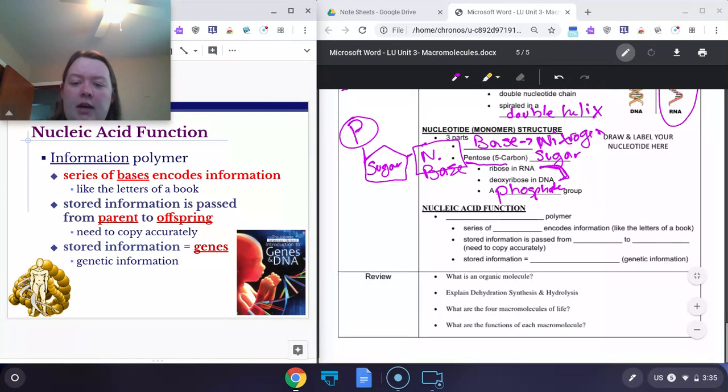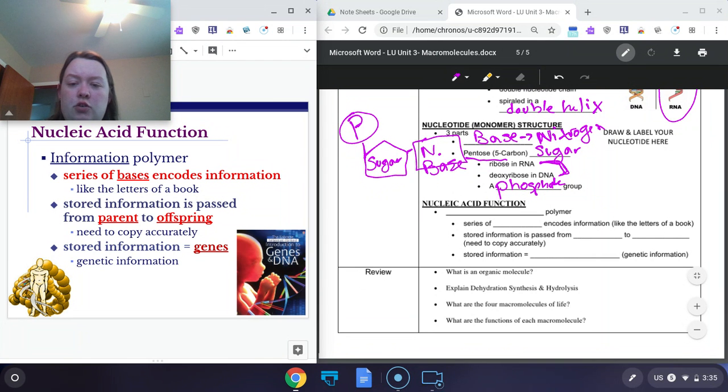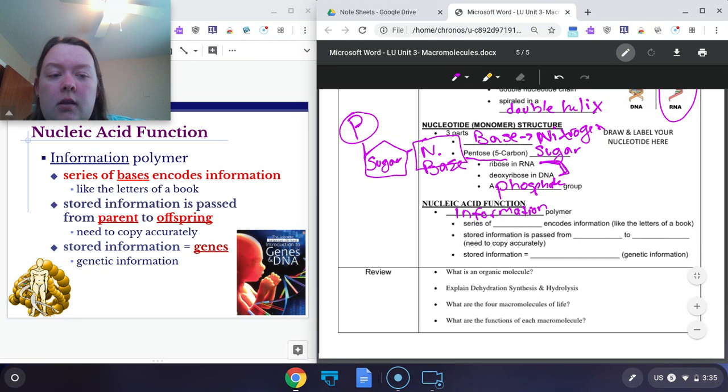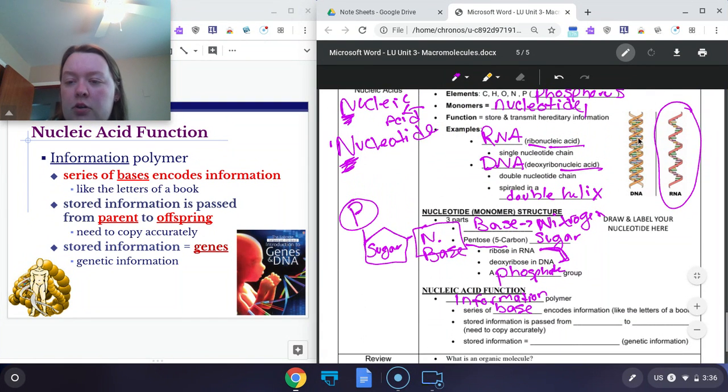The function of nucleic acids, again, is to pass on information. So it stores lots of hereditary information. And the code is found in the series of bases in the DNA or the RNA molecule. This is one building block. DNA and RNA is made up of many of these. So if we scroll up a little bit and look at this picture, there are many nucleotides found throughout a DNA and an RNA molecule.